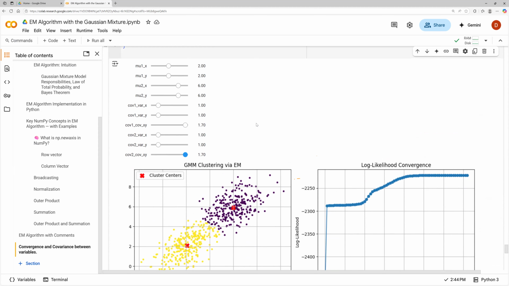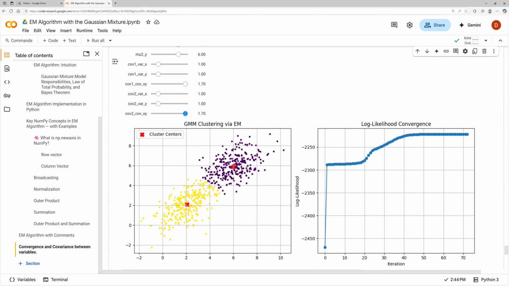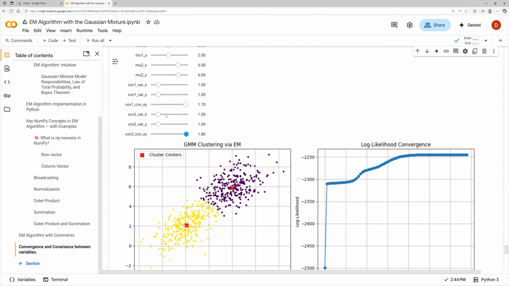People are more familiar with the term correlation than covariance, but correlation is basically covariance weighted by the standard deviations of X and Y. You see that this dependence creates a not clear structure between these two clusters. It seems more and more dependent.